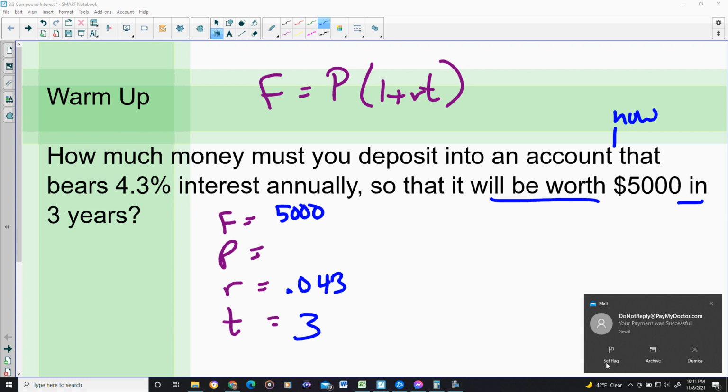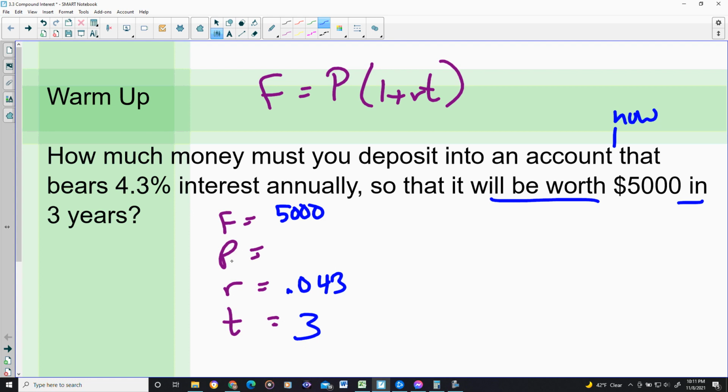So now we take a look, and P we'll just leave as P. All right, so 5,000 equals P times (1 plus 0.043 times 3). Okay, well, this is just 0.129.